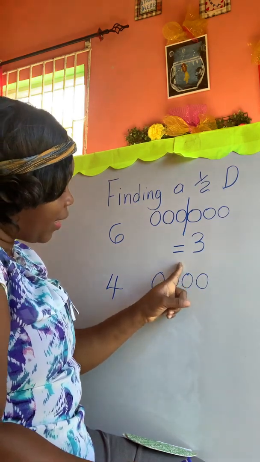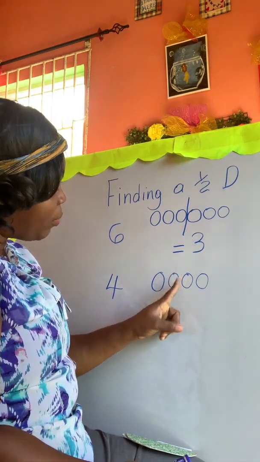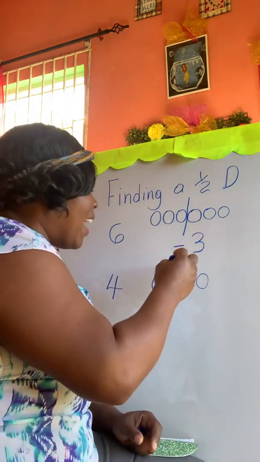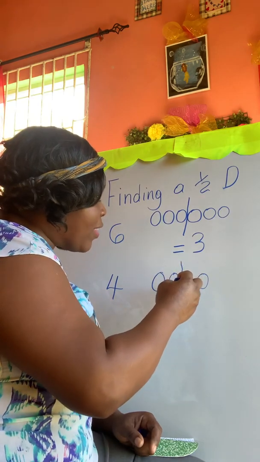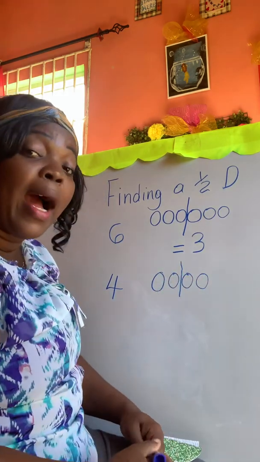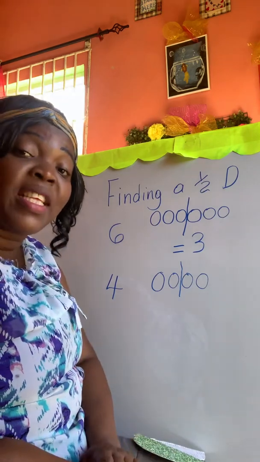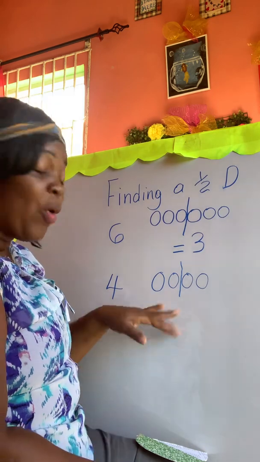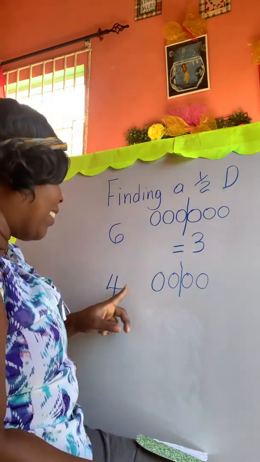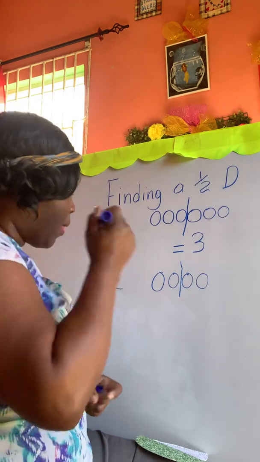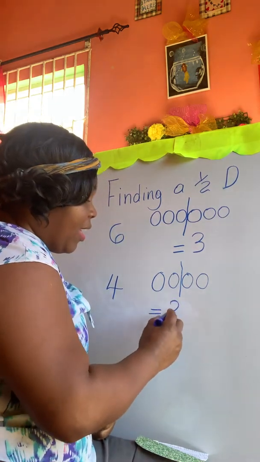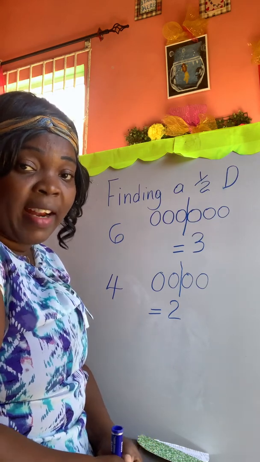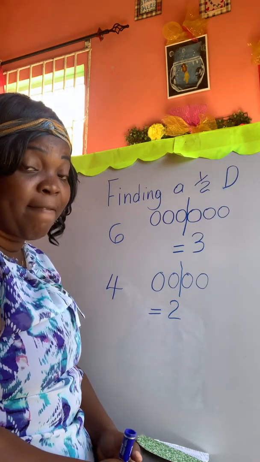But if I part it here, then there will be 2 over here and 2 over here. And the two halves must have equal amounts. It must be equal. The amounts must be equal. So I have found out that a half of 4 is equal to 2.